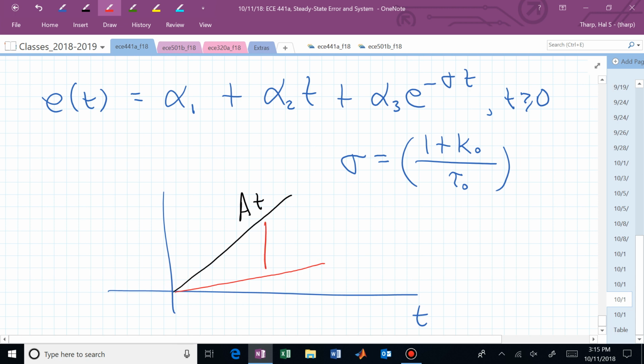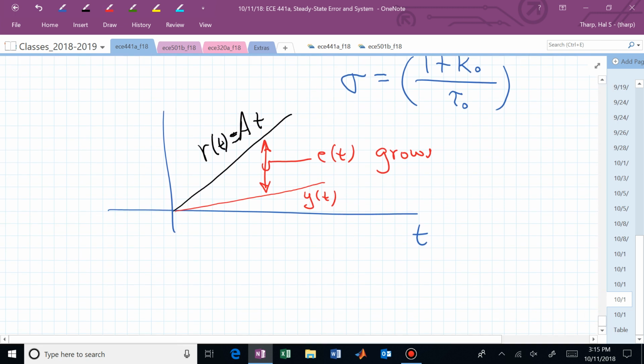This is r of t, and this red is y of t. The error, e of t, grows as a function of time because of that alpha sub 2 t term.